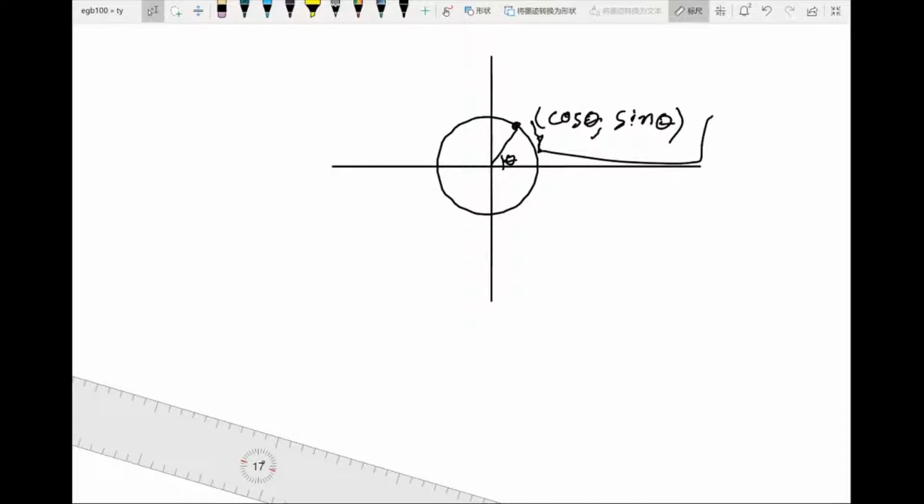And expanding from this, we can see that since the radius is 1, using Pythagoras' theorem, which is a squared plus b squared is equal to c squared, cosine is a, sine is b, and c is equal to the radius, which is itself equal to 1.